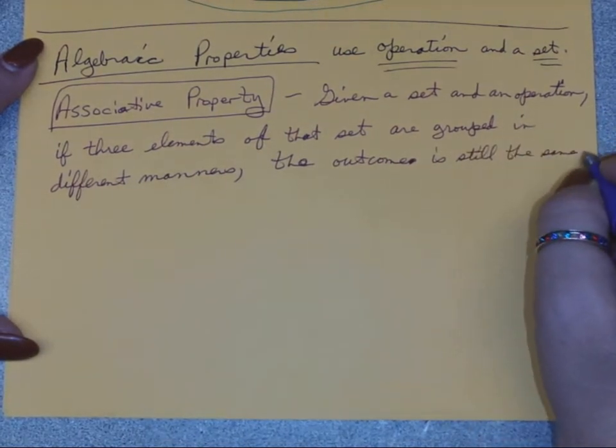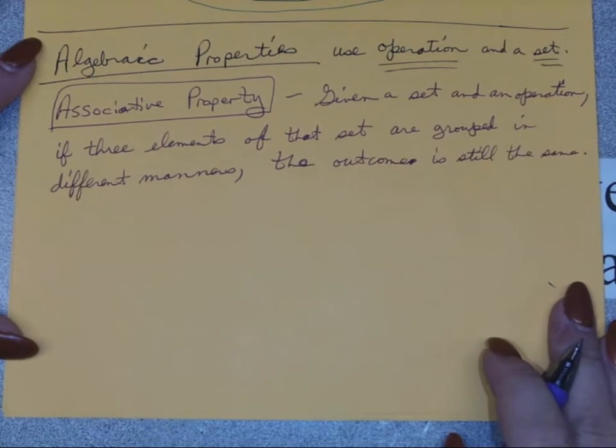That's the definition of the associative property. Given a set and an operation, if you have three elements that are in that set and they are grouped in different manners, then the outcome is still the same.